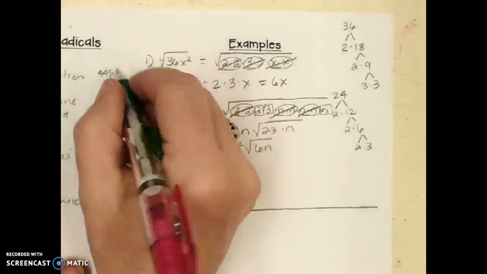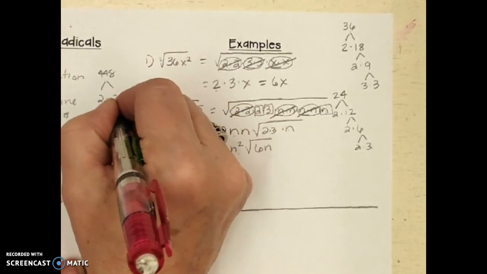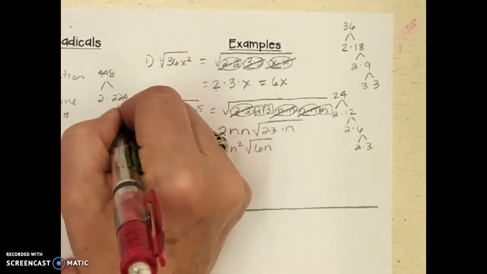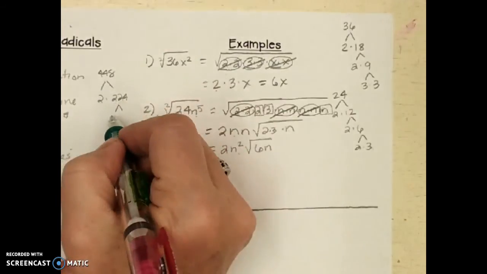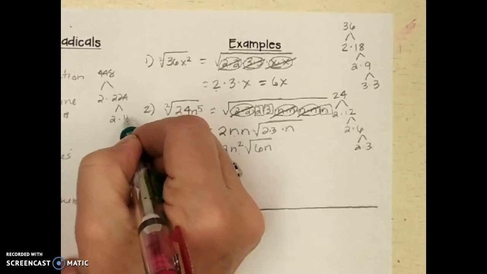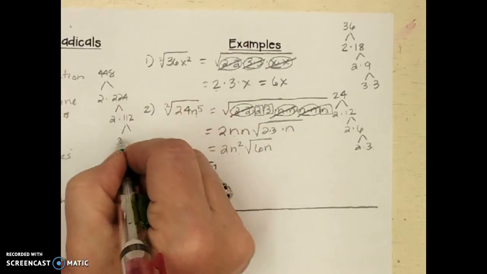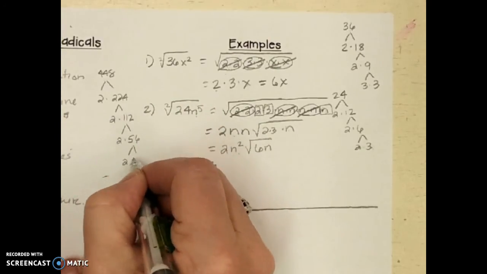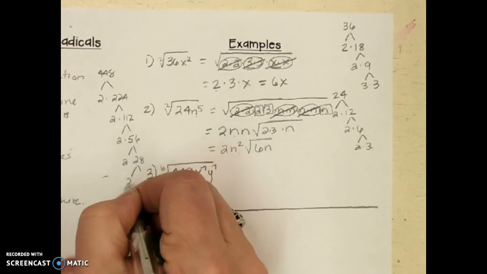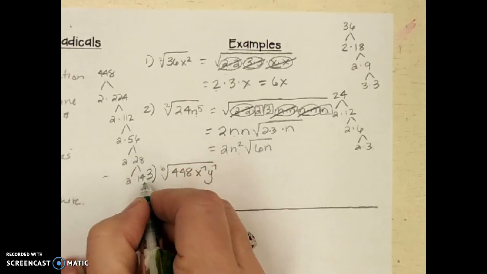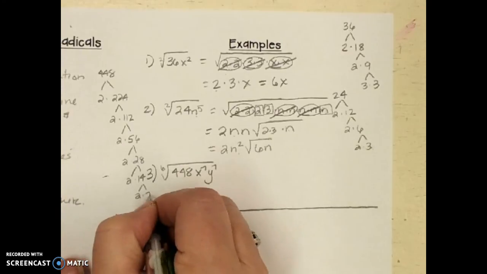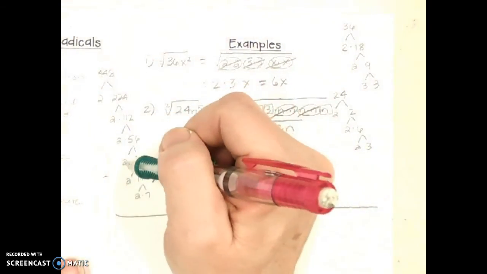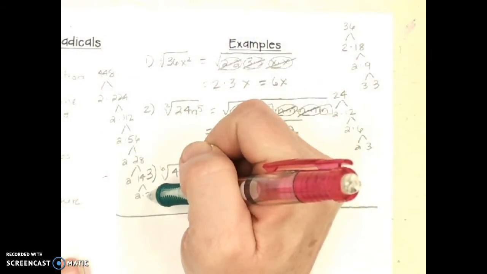So that's going to be 2 times 224, and you can use your calculator to do this part. And then that's going to be 2 times 112, and that's 2 times 56, and that's 2 times 28, and that's 2 times 14, and that's 2 times 7, and I've broken it down so that everything here is a prime number.